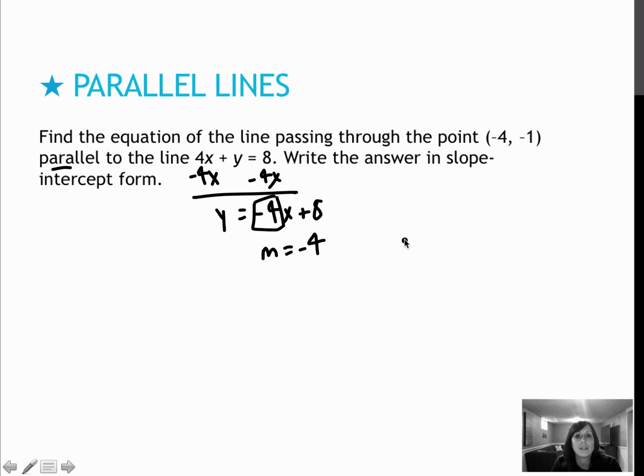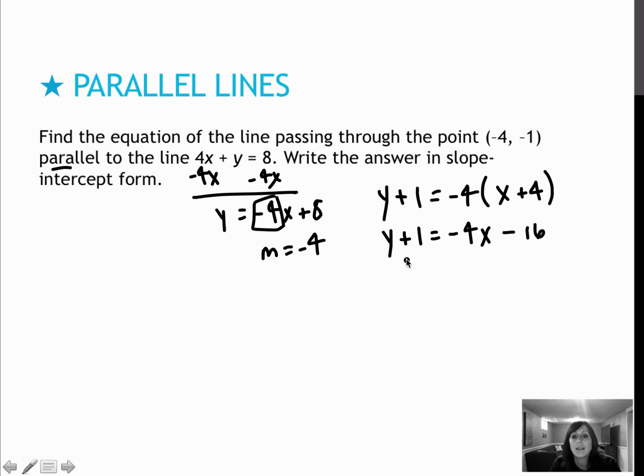So I'm going to steal that slope of -4 and use y minus -1, so that's y plus 1, equals my slope, times x minus -4, which actually makes it plus 4. I'm going to distribute on the right side of the equation to give me -4x and minus 16, or plus -16. I'm going to subtract 1 to get y equals -4x minus 17.